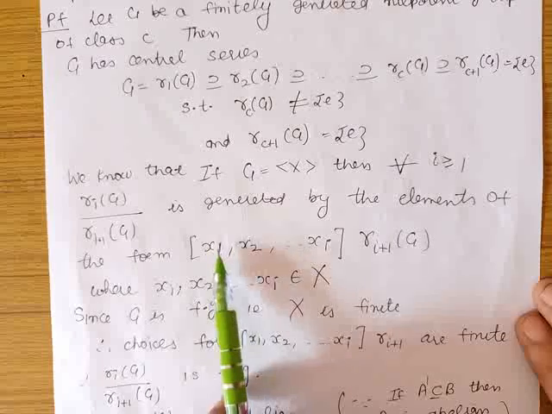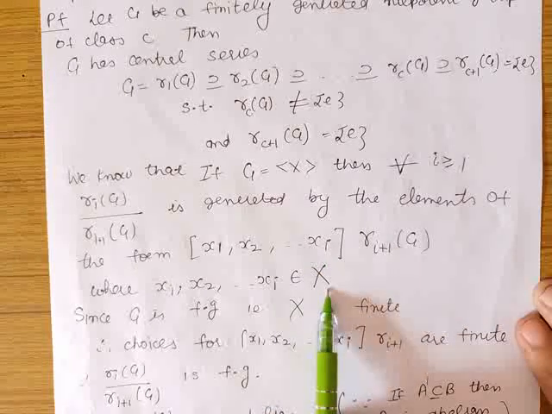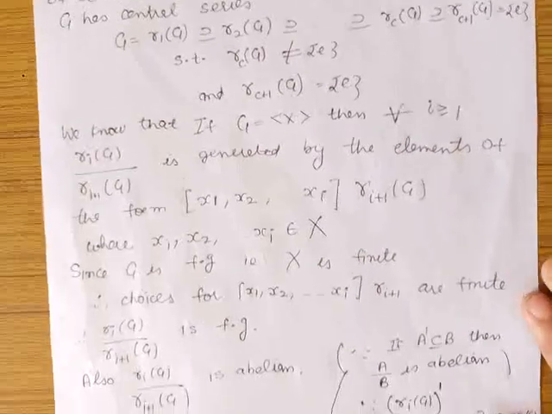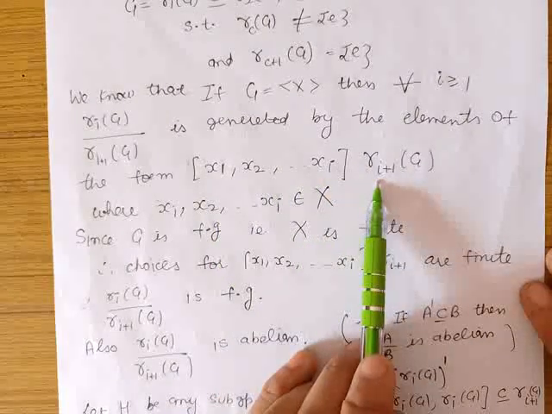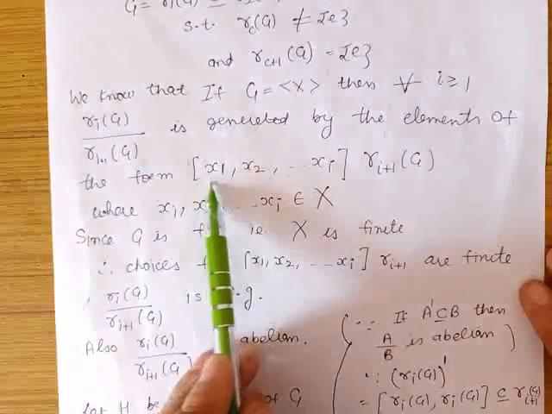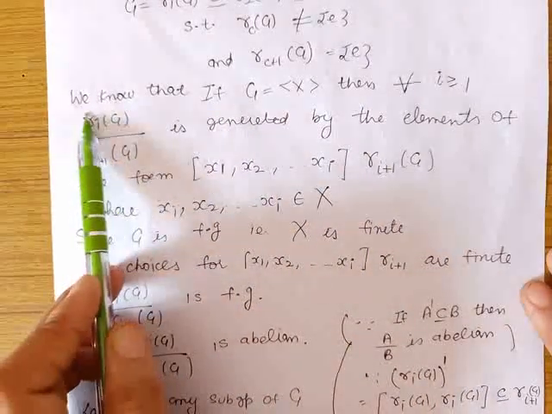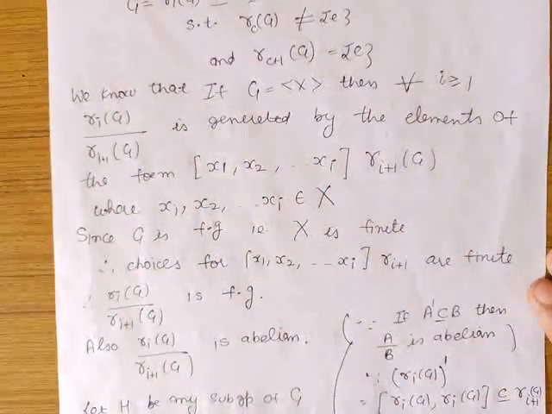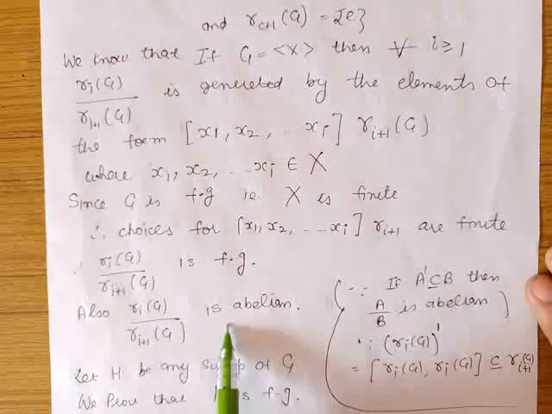Here, these elements x1, x2, x3 and so on up to xi belong to the set X. Now because the group G is finitely generated, the choices for these elements are finite, and because this factor group is generated by this type of elements, we can say that this factor group is finitely generated. Also, this factor group is abelian.